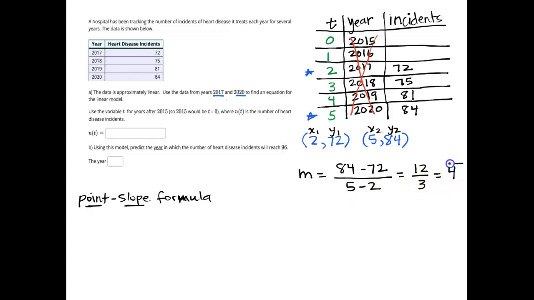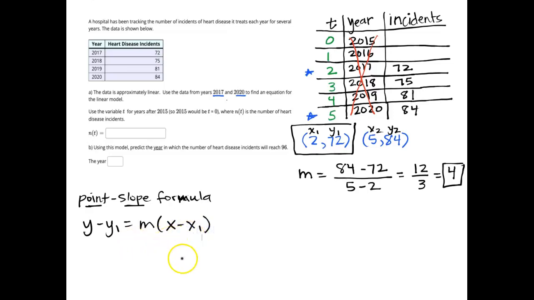Well, I found the slope, and I have 2 points, but I only need one of them. All right, so I'm going to just use this point here. And so the point slope formula is y minus y1 equals m times x minus x1. And then I'm just going to plug it in and then get it into the y equals mx plus b form. All right, so let's plug our things in that we know here.